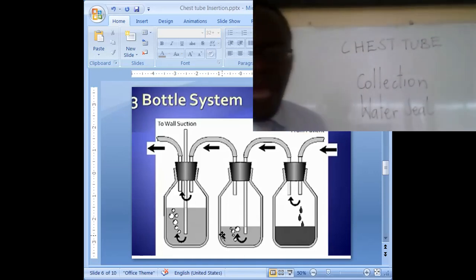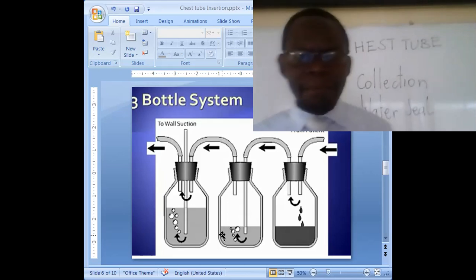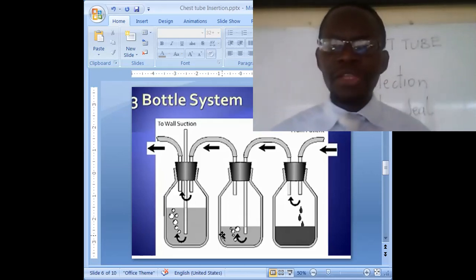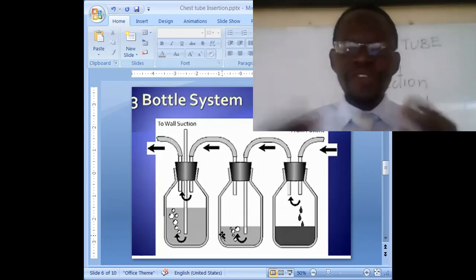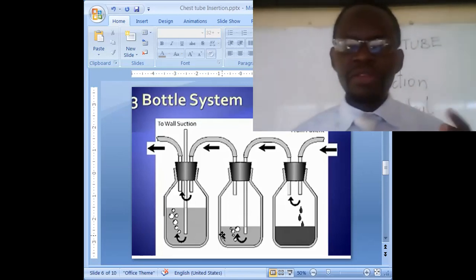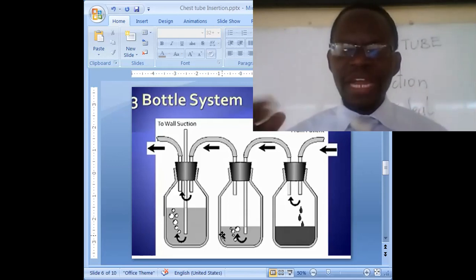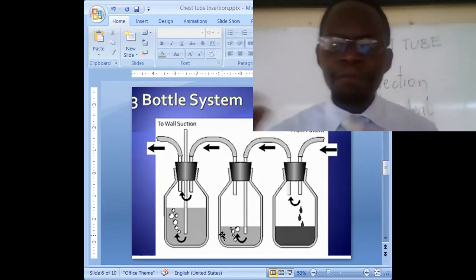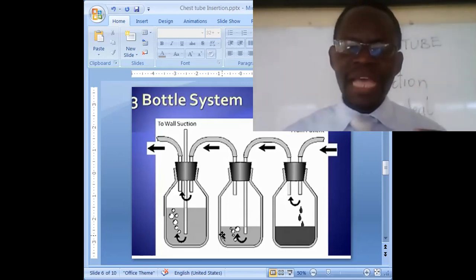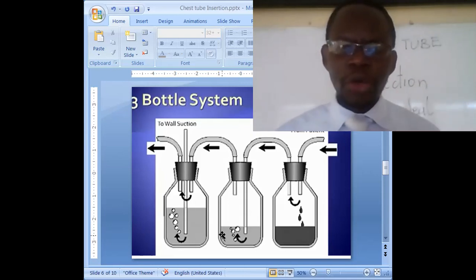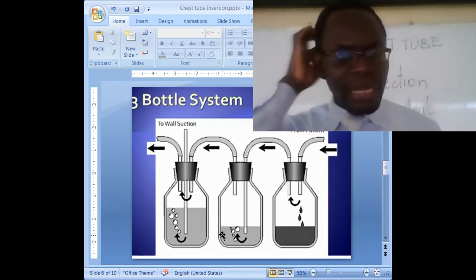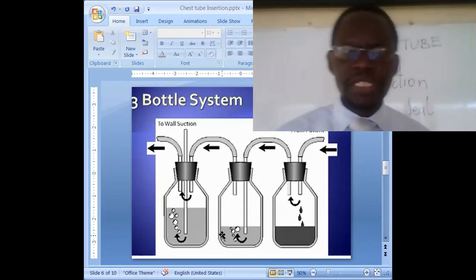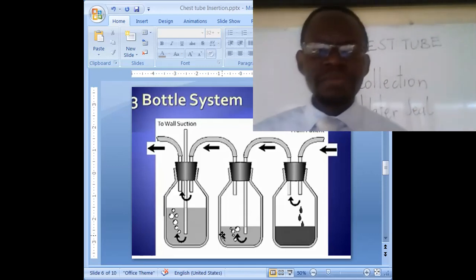That chamber usually has bubbles, not vigorous, but a little bit of bubbling because of the air that dissolves in it.